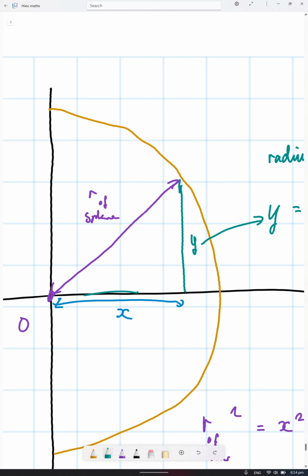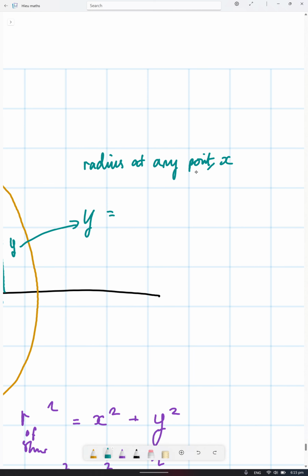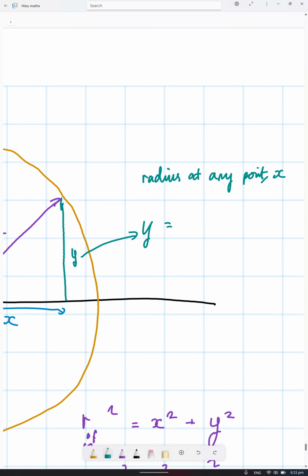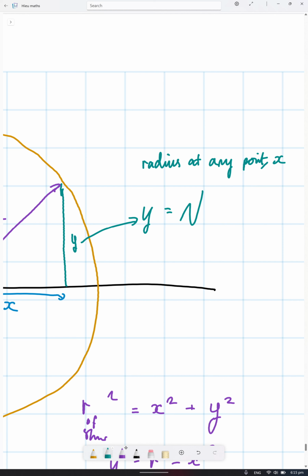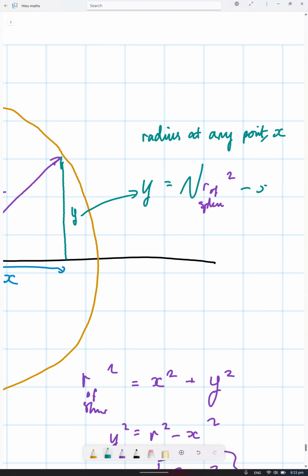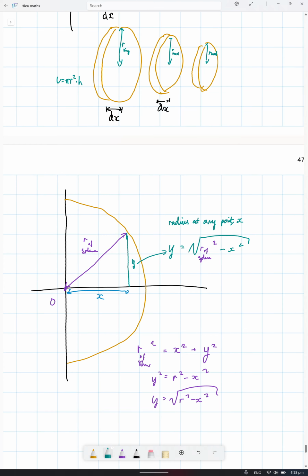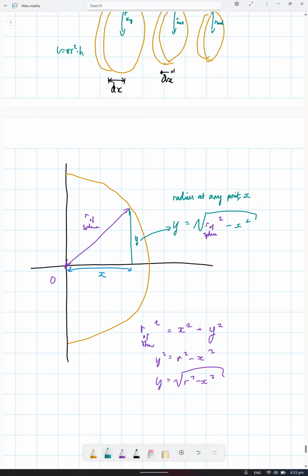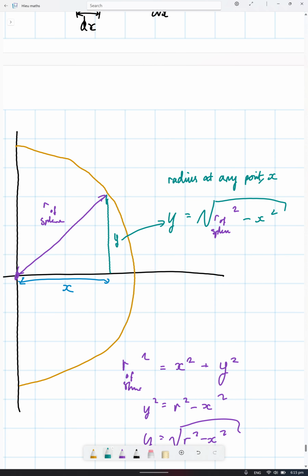So y, the radius at any point x, is equal to, just look down here, the square root of the radius of the sphere squared minus the x squared. All right. So now we have this, and we've found the function for the radius at any point x.